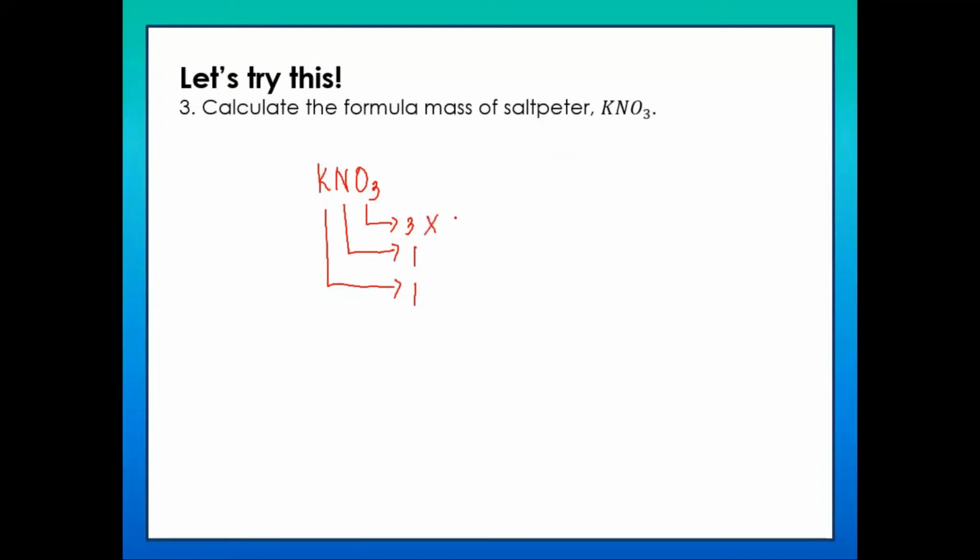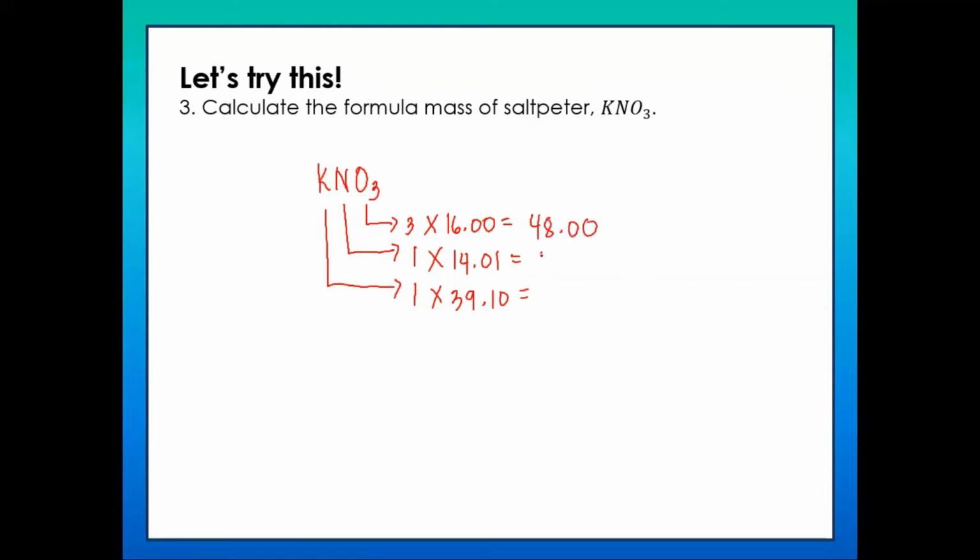Oxygen 16.00, nitrogen 14.01, potassium 39.10. 3 times 16.00 is 48.00.